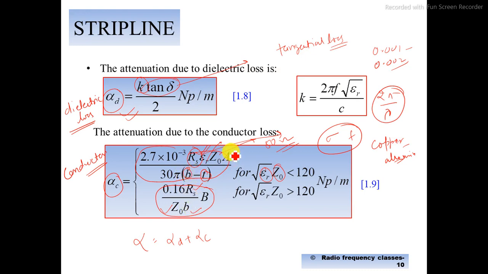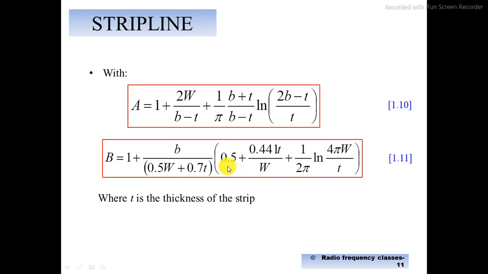The only thing is that these two constants, A and B, we have to select depending upon this condition. So first we find out this condition, then we get the A and B values. In the next slide you will see the values of A and B. These two are the constants. So now see, it is very easy to calculate because we know the W, we know the B, T. If we know all these parameters, easily we can calculate the capital A, and the same way we can calculate the B, and we can find out the constants.